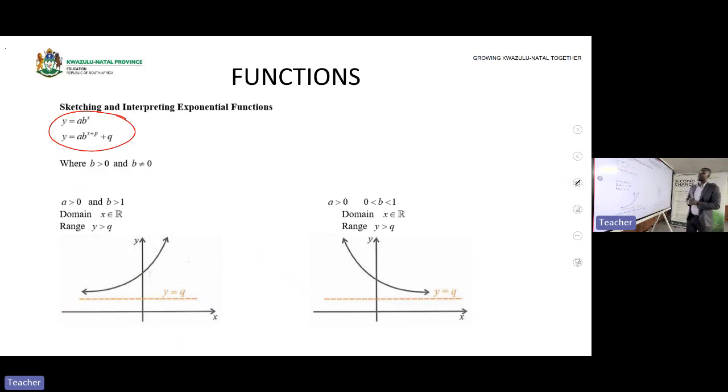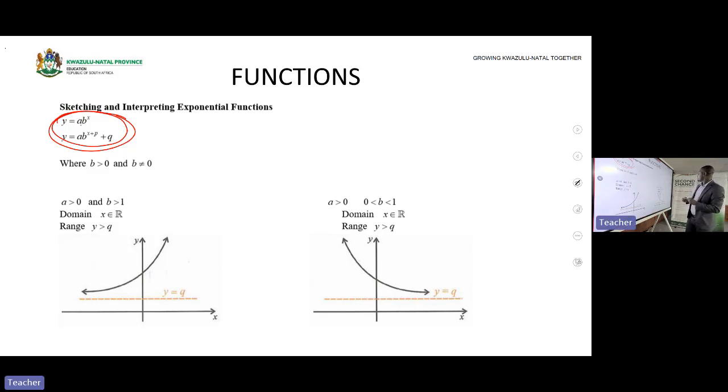It comes in the form of y equals a times b to the power of x plus p, plus q, where p and q, as we have already indicated previously, represent both the horizontal as well as the vertical shift.